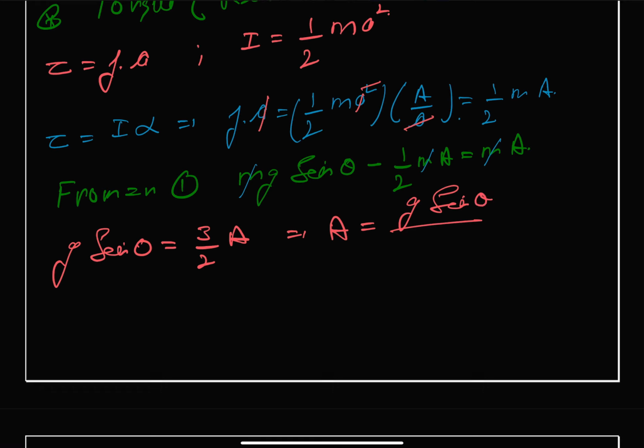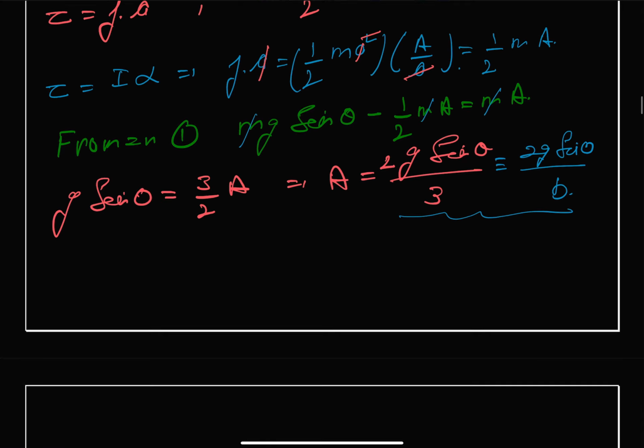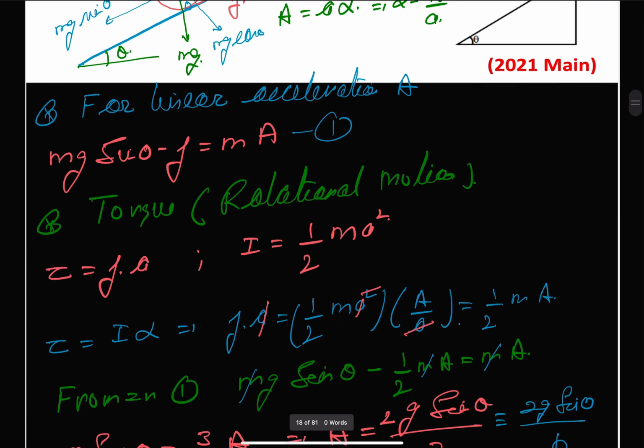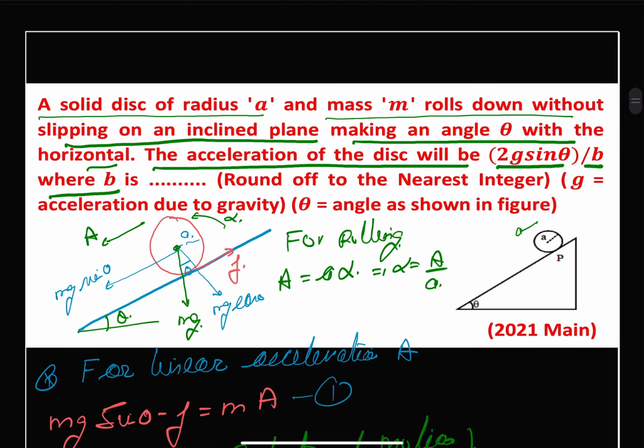And the equation is given to us as 2g sine of theta divided by b. So from here we can say that b is equal to 3. Okay. Next question.